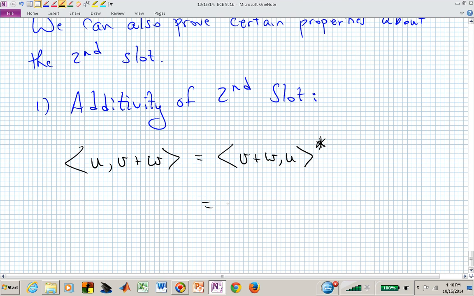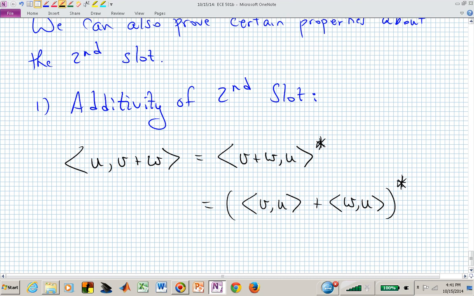So let's pull that out, and now we have just this additivity of the first slot, meaning now we can use our additivity of the first slot to produce VU plus WU.